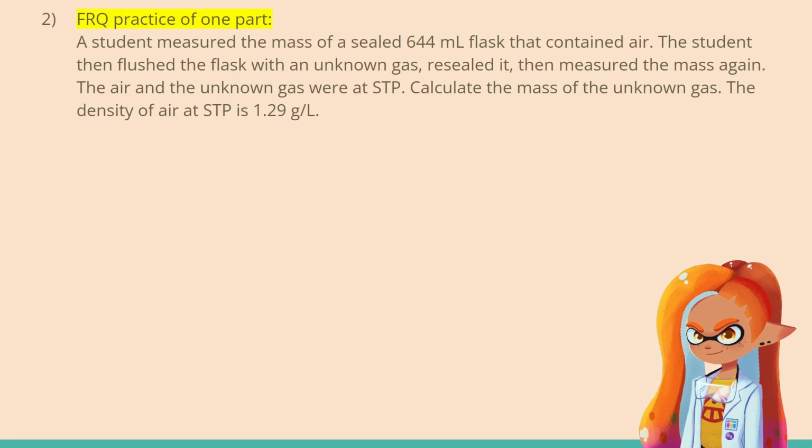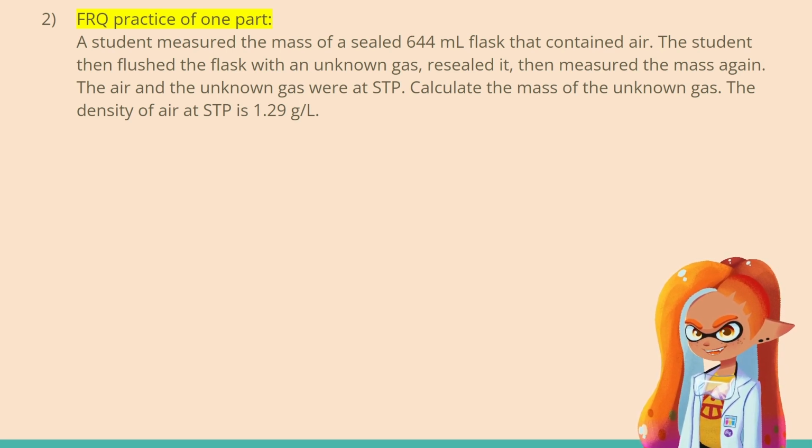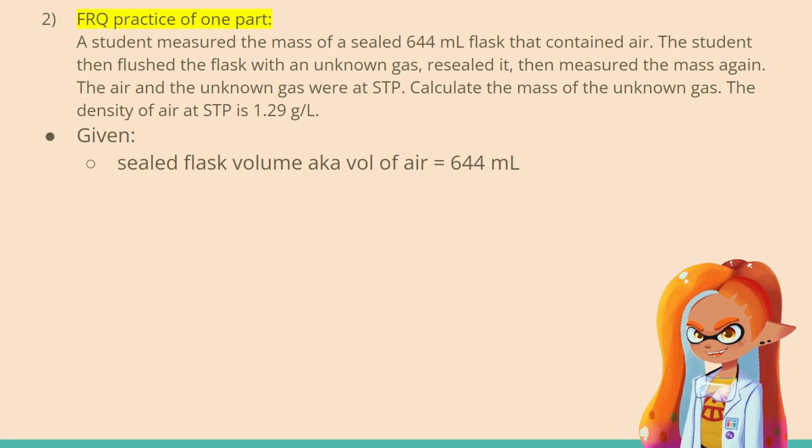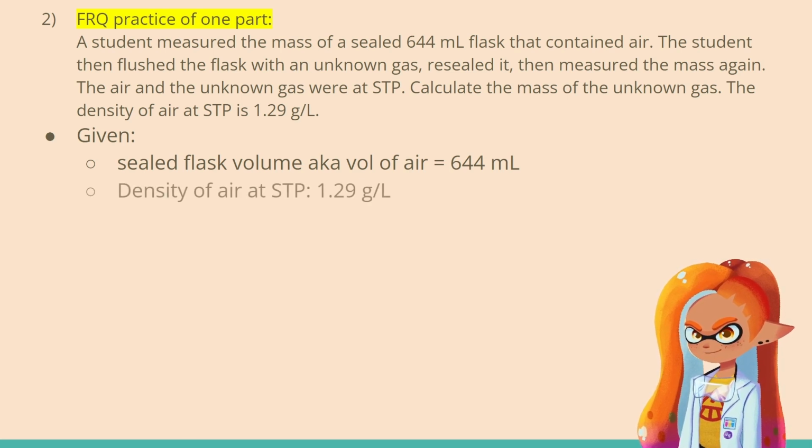Okay, FRQ. This is an FRQ that might be confusing. As I said in the slide, doing the GUESS method helps to organize your thoughts, and drawing helps a lot. You're given this container, this flask. It has some air in it. It's sealed, so it's just some good old air with 644 mL, right?